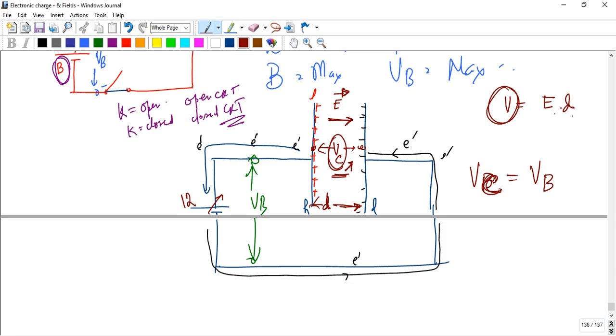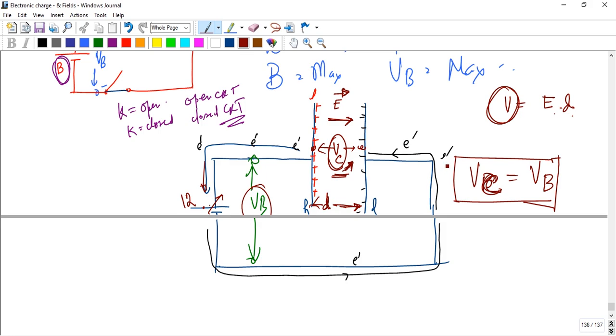And at a certain time, with more positive charge here and more negative charge, there is more potential here. That means if electrons go in that direction, VB is equal to VC. At one time the maximum, when VB is the maximum, is equal to VC. That maximum VC is the maximum charging, the maximum value of charge.